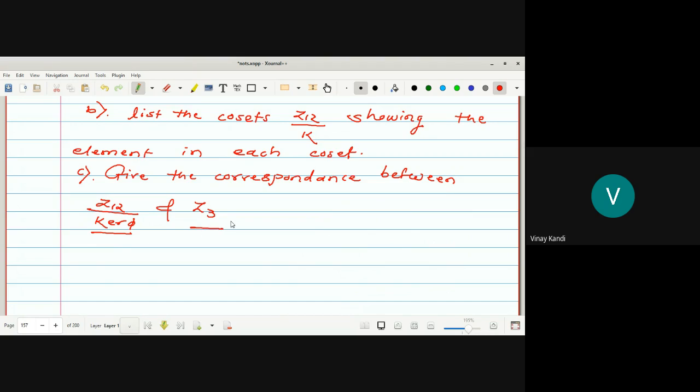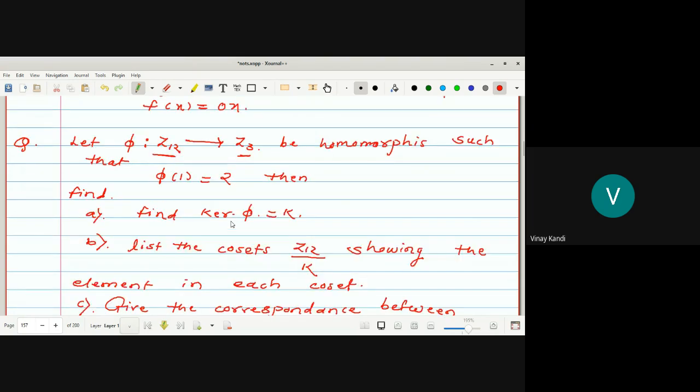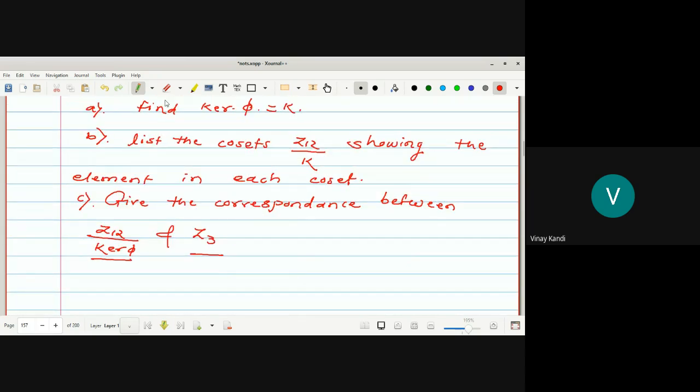That phi is the function Z12 to Z3 with homomorphism such that phi of 1 is equal to 2. Find the kernel of phi. Find all the cosets of K in Z12 and give the correspondence between Z12 upon kernel of phi and Z3. Okay, now look at it.